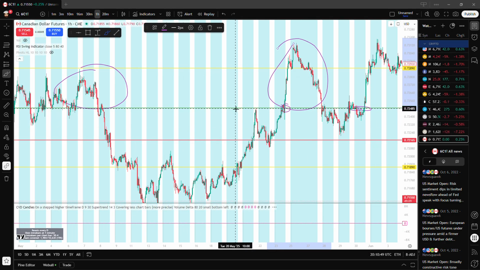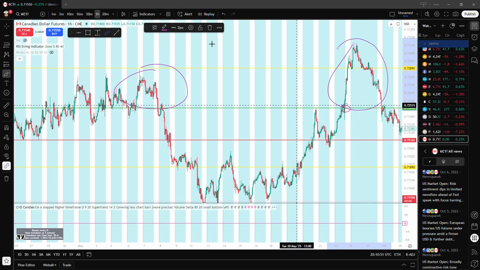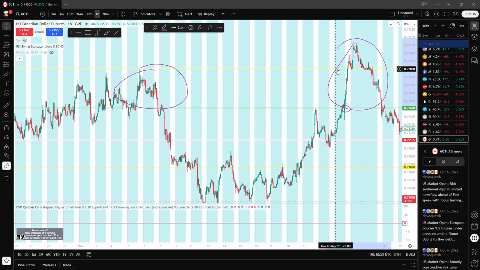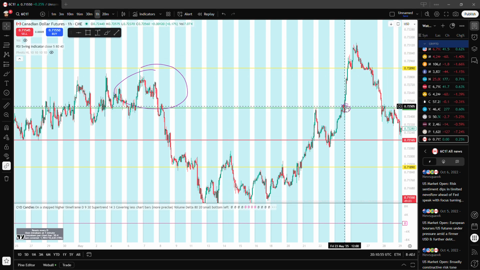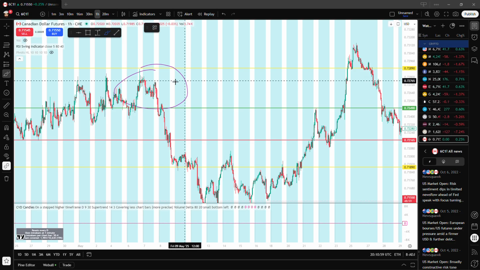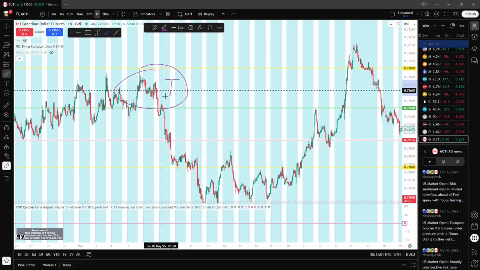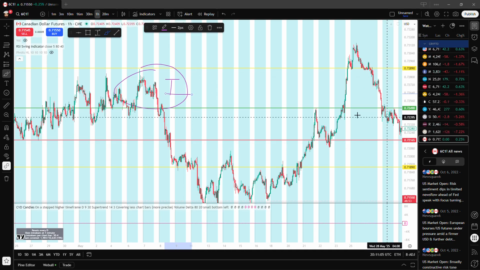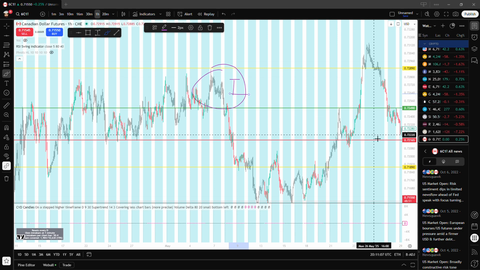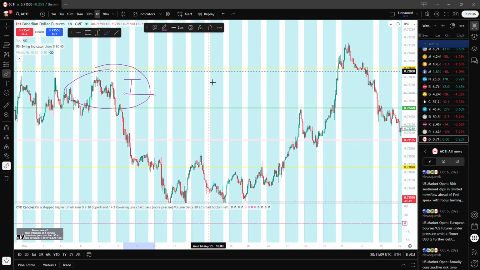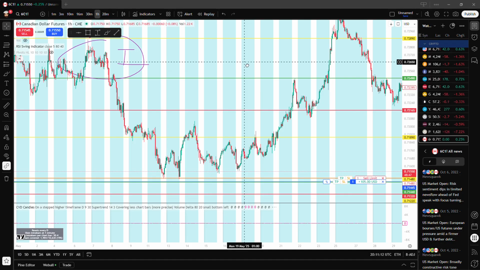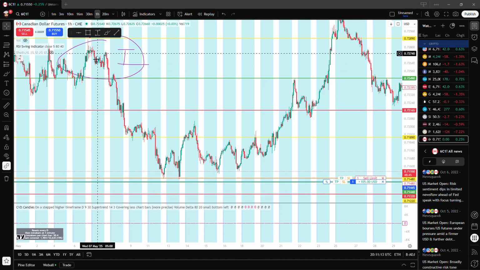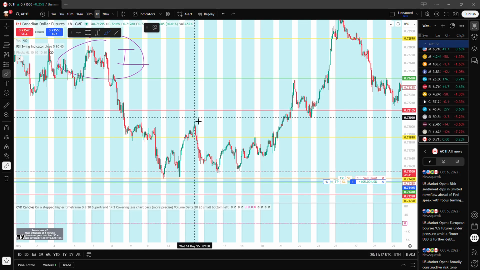Because I would have, okay, if I was using this as the indication, right? This is the indication right here. And it comes down, forms.